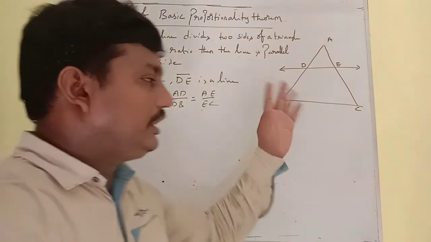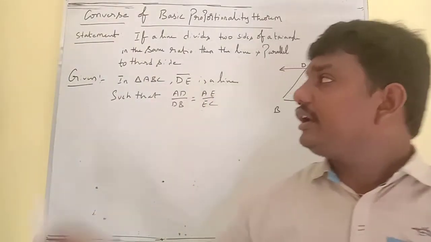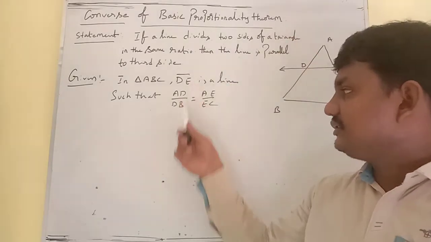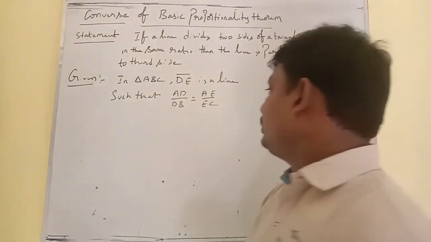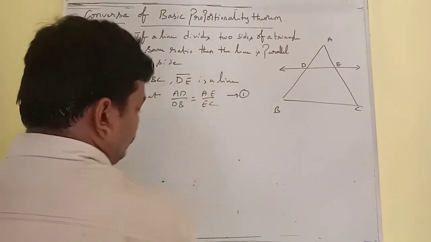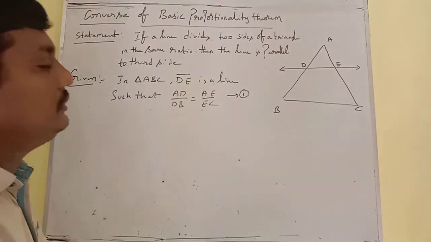So this is given. That means the given line divides the two sides of a triangle in the same ratio. We'll make it the first equation. So this is the given statement.